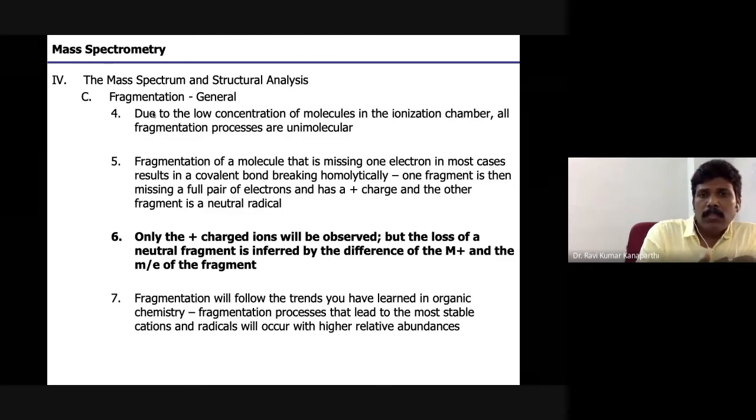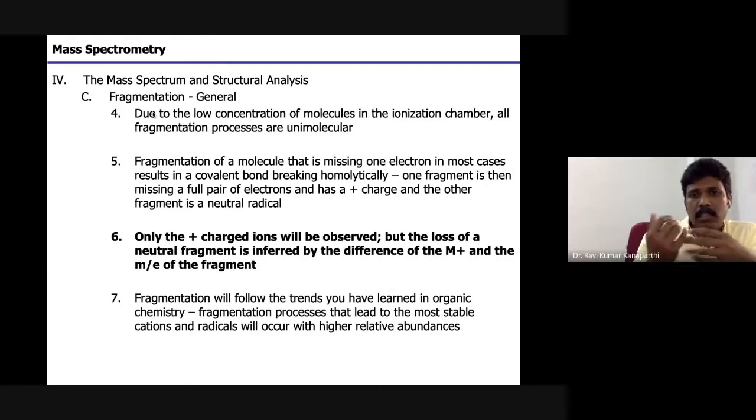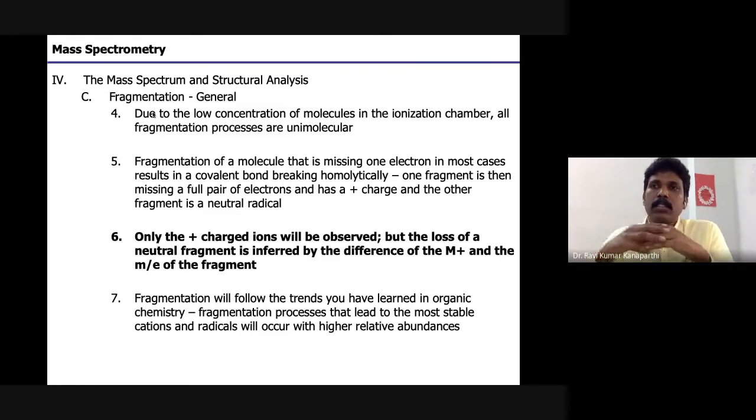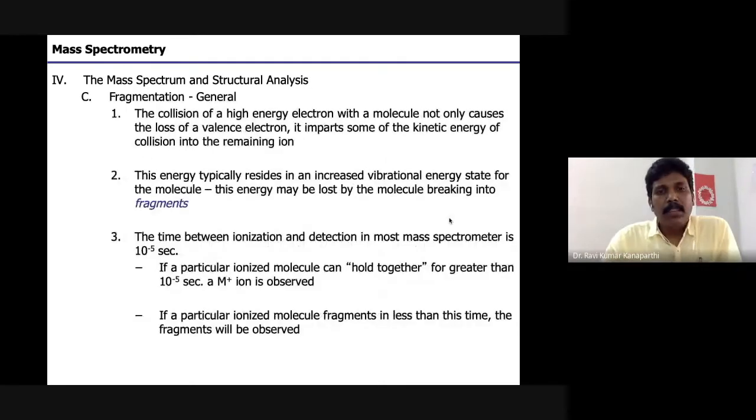Okay, so once you identify the molecular ion peak, look at the left hand side, what are the other intensities that you see. Usually, because of the collisions, the molecular ion will undergo fragmentation.